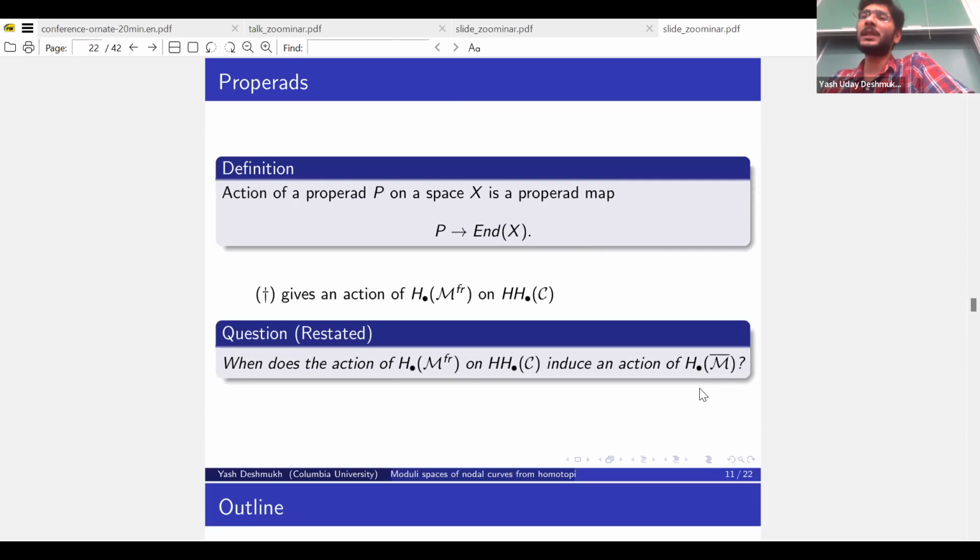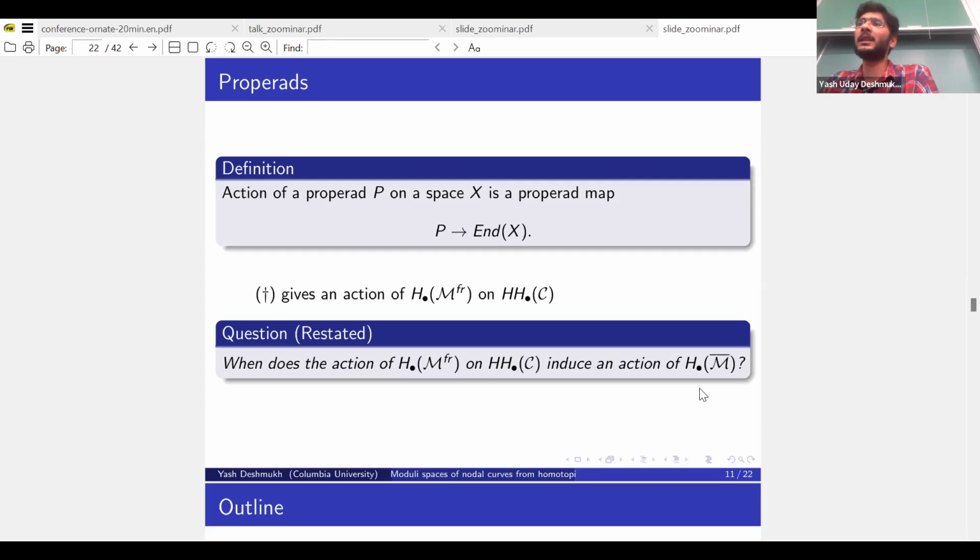And we can restate the question in this language: when you have an action of framed Riemann surfaces, when can you extend that action to an action of the properad of Deligne-Mumford moduli spaces? You start with the moduli space of framed Riemann surfaces, you have some action on the Hochschild chains, and you ask when can you extend the action to the compactified moduli spaces. This is the restatement of what we want to say in terms of the algebraic gadget, namely properad.